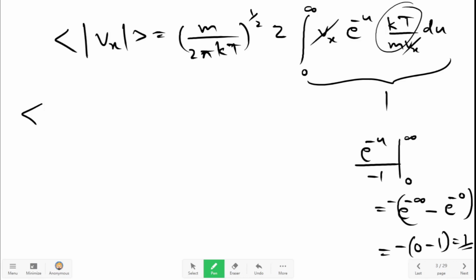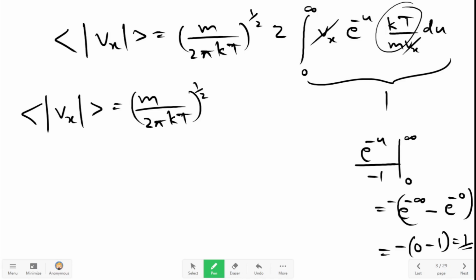Therefore, the average value of modulus Vx is equal to m by 2 pi kT the whole raised to 1 by 2 times 2 times kT upon m. This is equal to root of 2kT upon pi m.